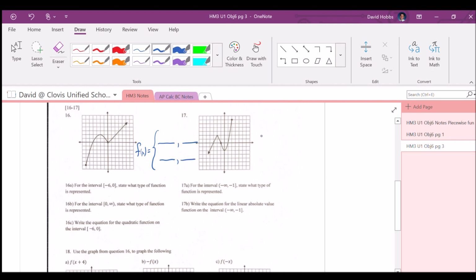And the one on the right will also be a piecewise function. Actually, I guess that one's going to be g of x.